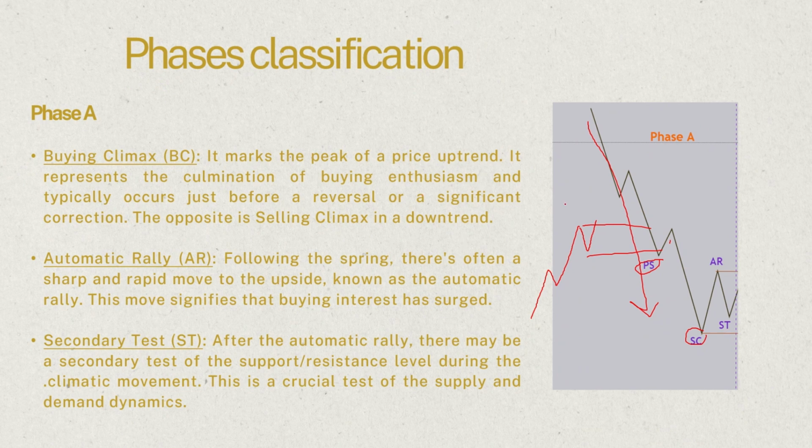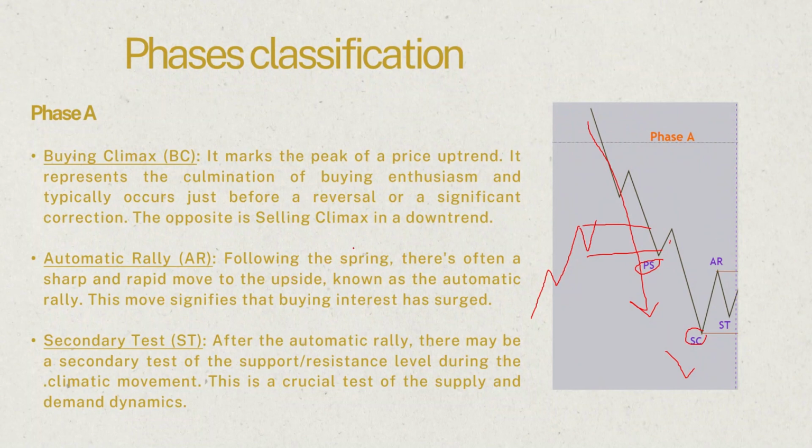So the opposite of this buying climax is selling climax, which you have here. It's also characterized by selling enthusiasm, and it's also like the peak in the opposite direction. Automatic rally is the next thing.